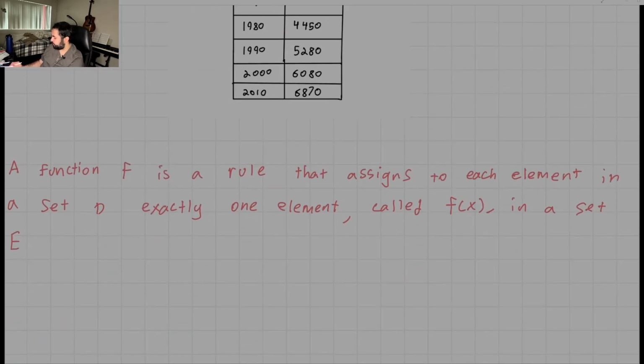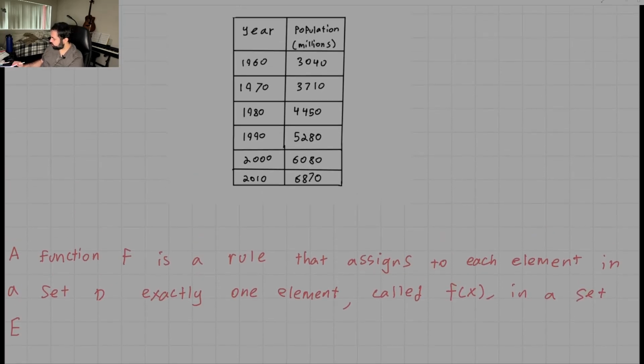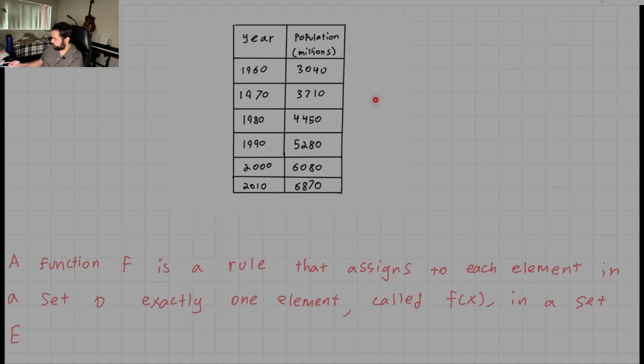In this example, we can think of this as set D, which is our input. And then we have our set E here, which is our population.